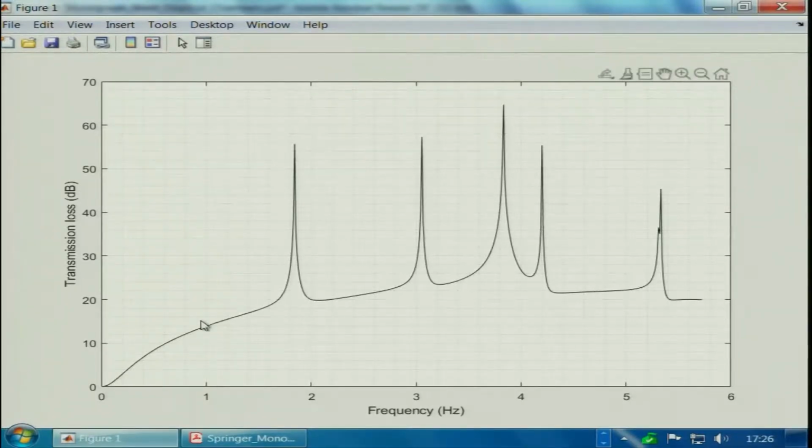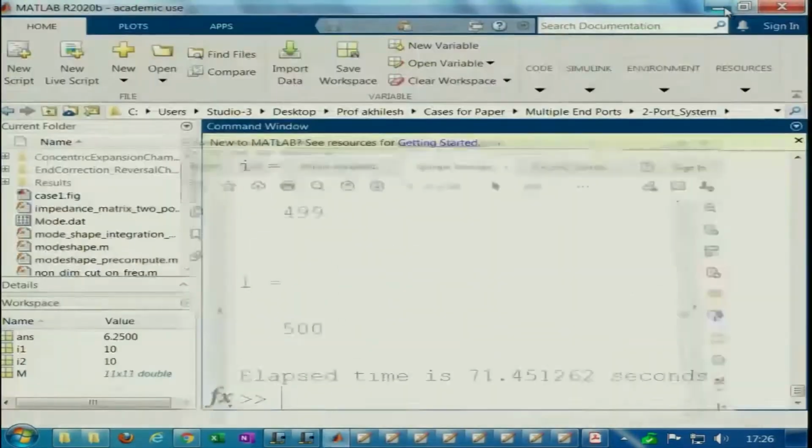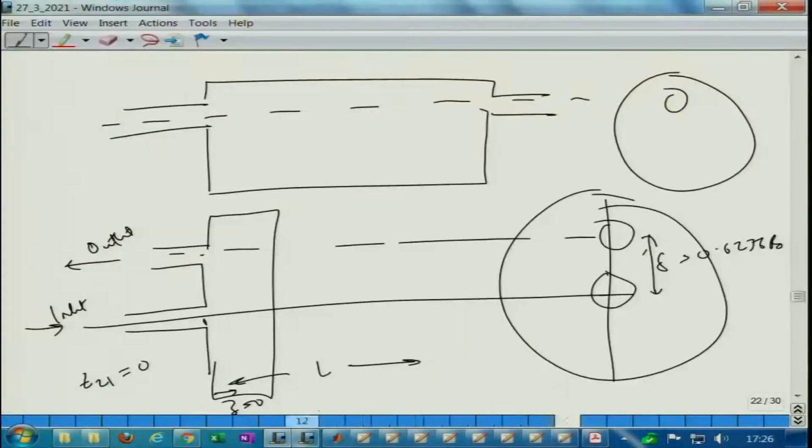These reversal chambers are used a lot as an end chamber in a 3-pass or multi-pass perforated muffler system, as we discussed in the previous weeks 8 to 10.